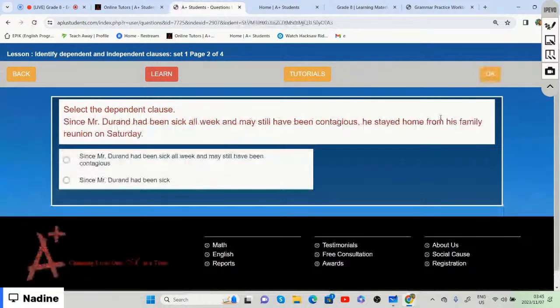And then we need to select the dependent clause. Since Mr. Duran had been sick all week and may still have been contagious, he stayed home from his family reunion on Saturday.